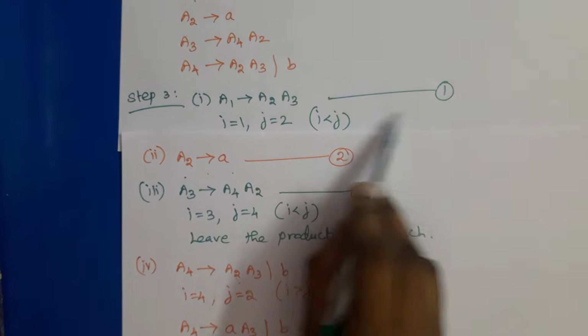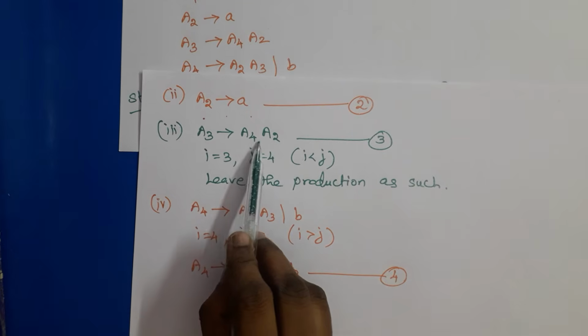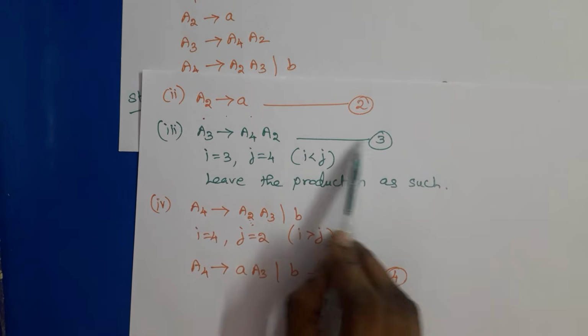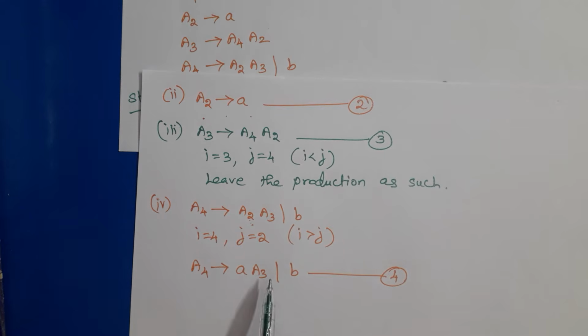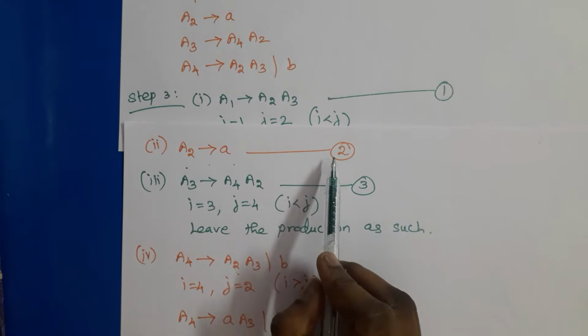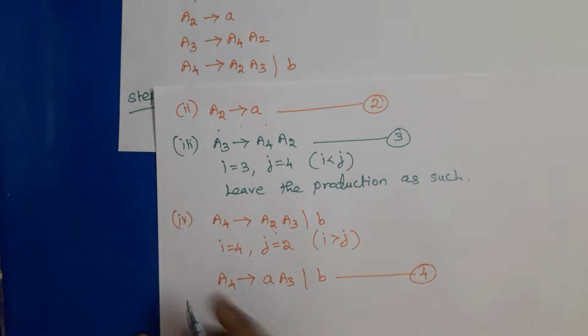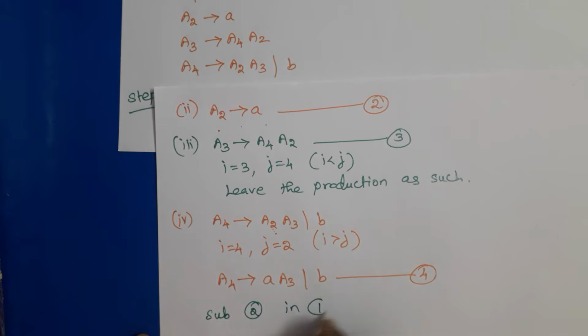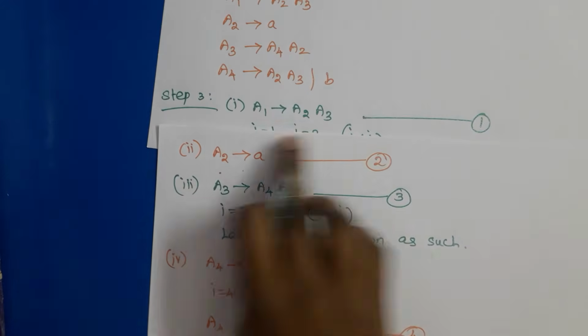Similarly, to convert equation number 3 into GNF, we need A4. A4 is already in the GNF format. So first substitute equation number 2 into 1, then 4 in 3. So next step is substitute equation number 2 in 1.